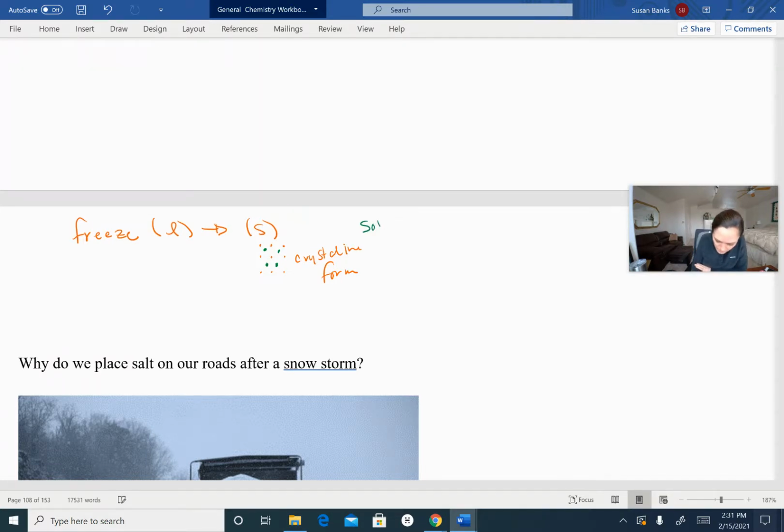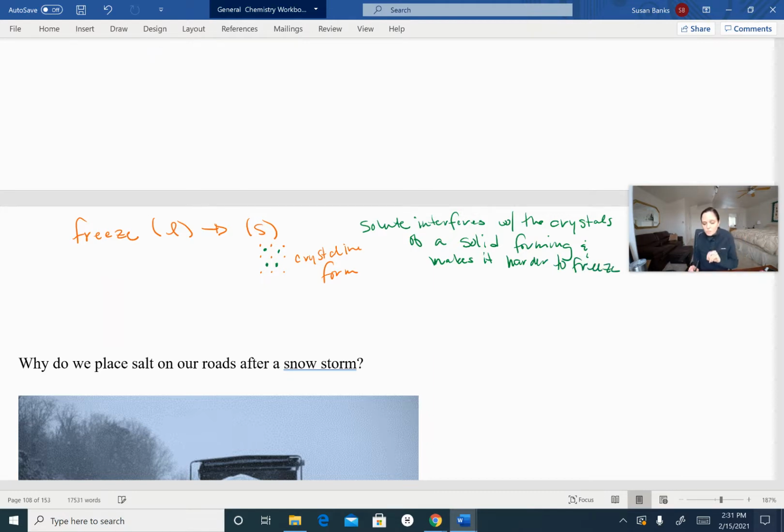So the solute interferes with the crystals of a solid forming and makes it harder to freeze. So in order to actually get the molecules to freeze, we have to take the temperature down even lower. Okay, so it makes our freezing point even lower than normal: freezing point depression.